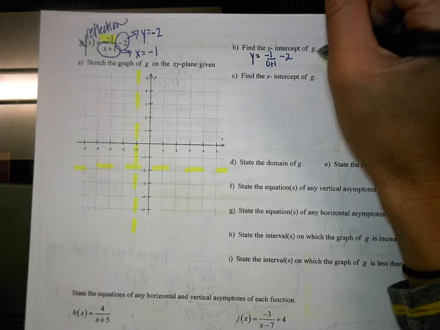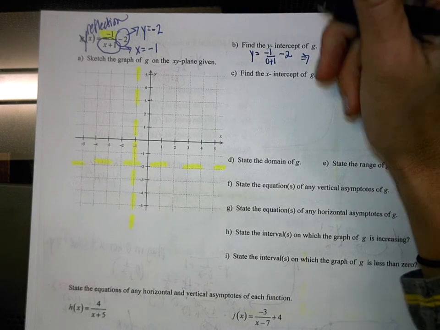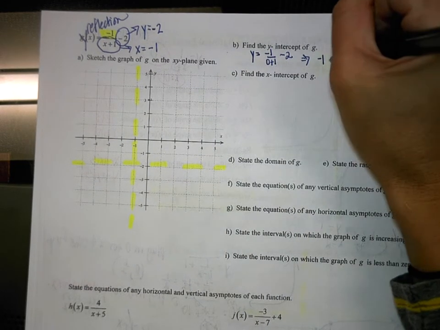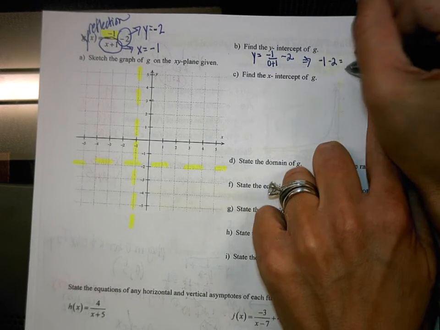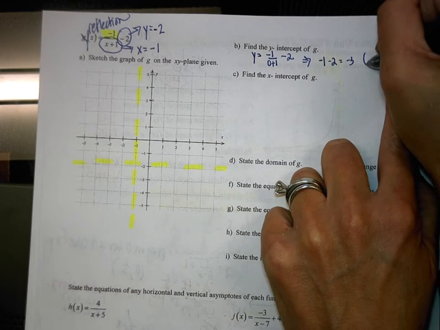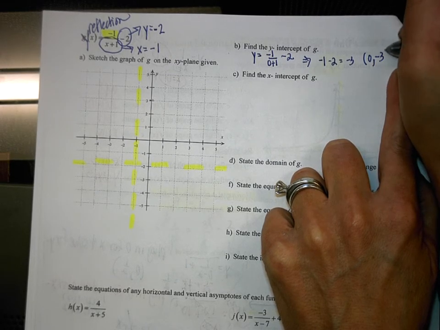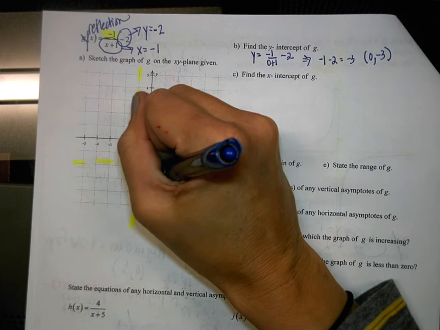And so negative 1 over 1 will actually be what? Negative 1, right? And we have negative 1 minus 2, which equals negative 3. So my ordered pair, the x is 0. We plugged in 0 for x, and we found negative 3 for y. So I'm going to go mark that. 0, negative 3. There is a point right there.